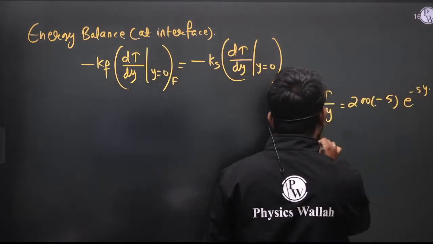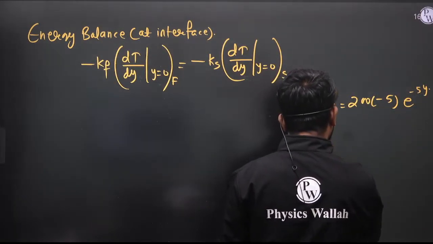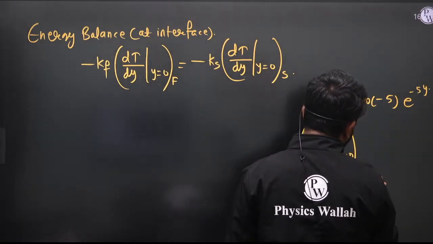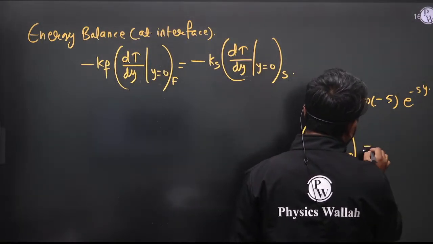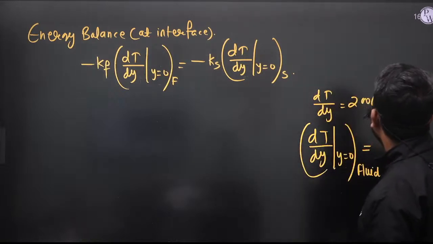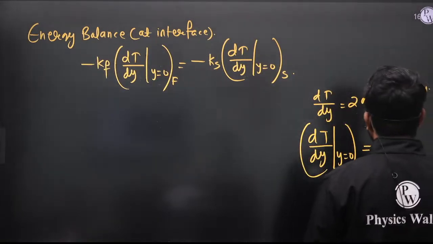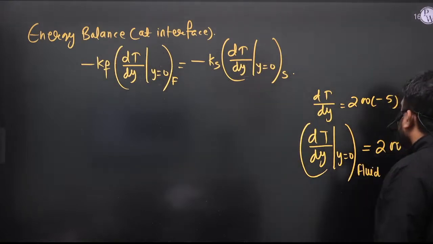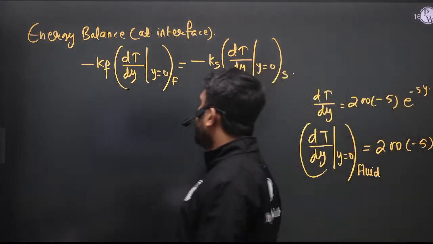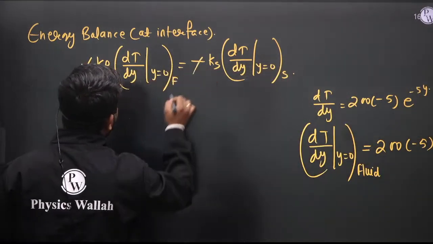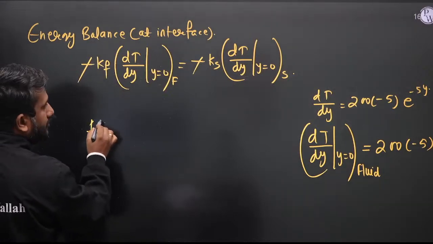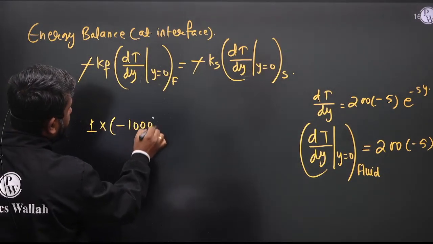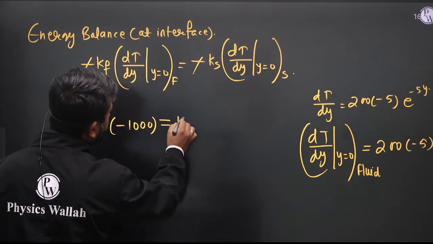Now dT by dy at y is equal to 0 on the fluid side is 200 minus 5. So kf value, minus cancels out, kf value is 1 into minus 1000 is equal to ks value, which is 100.